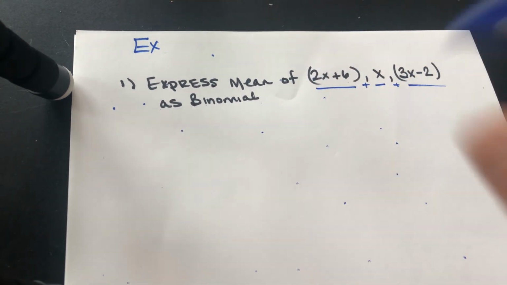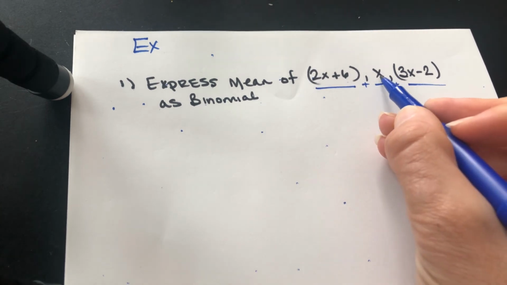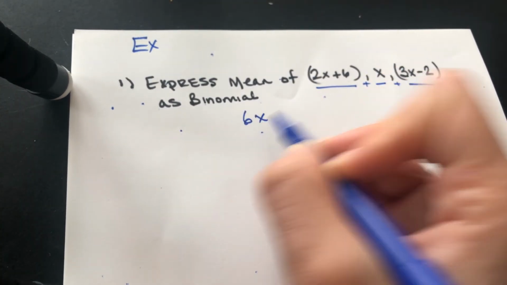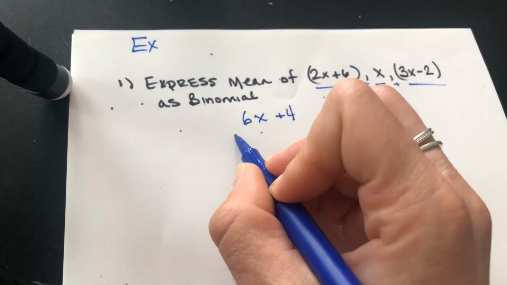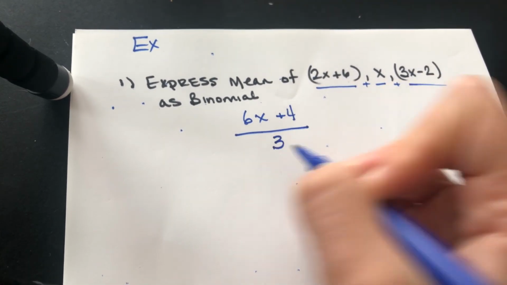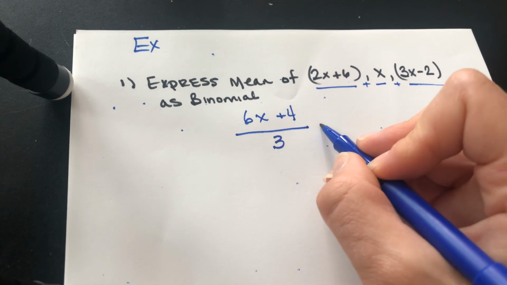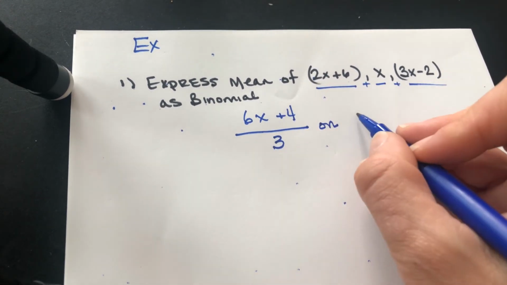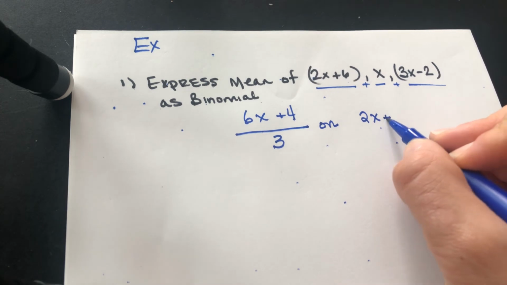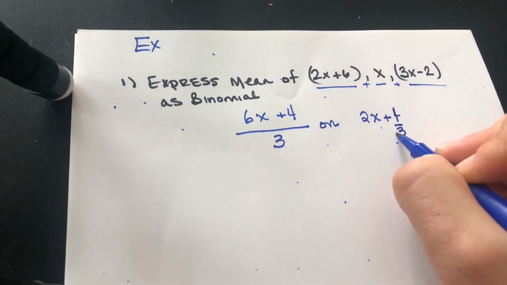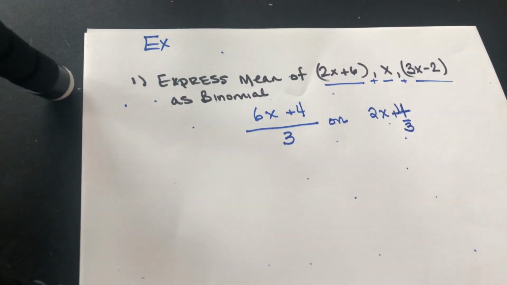There's 3 expressions. So 2x, 3x, and 3x, we have 6x. 6 minus 2, so we'd have 4, and then you want to take that and divide it by 3. You can give me that as your answer, or if you divide them individually, you would have 2x plus 4 over 3. It doesn't matter to me.